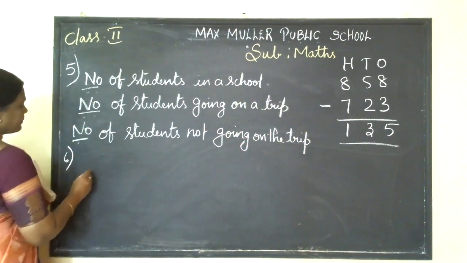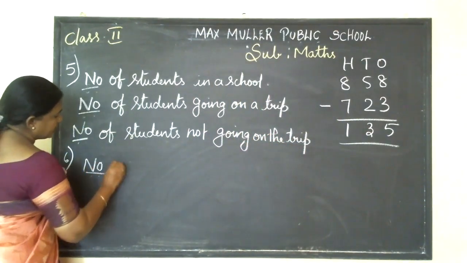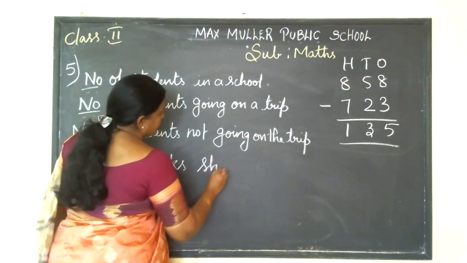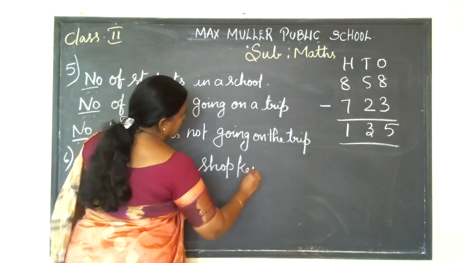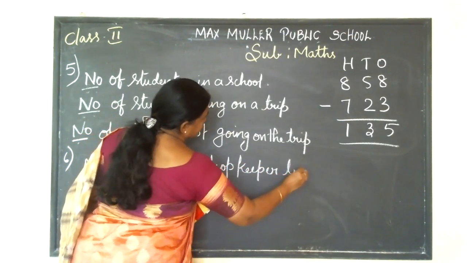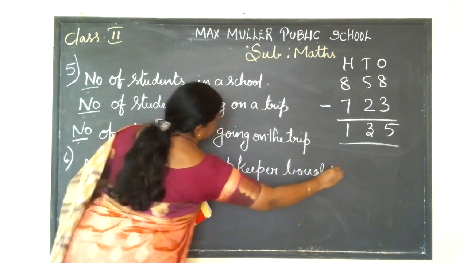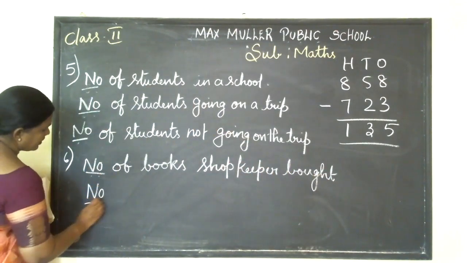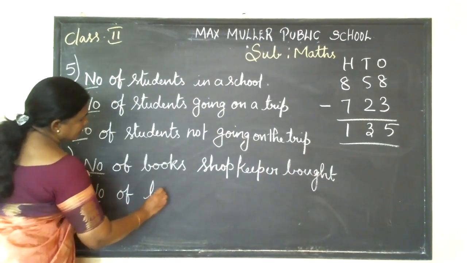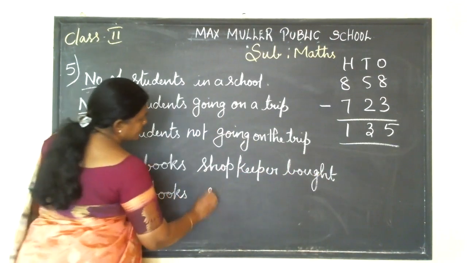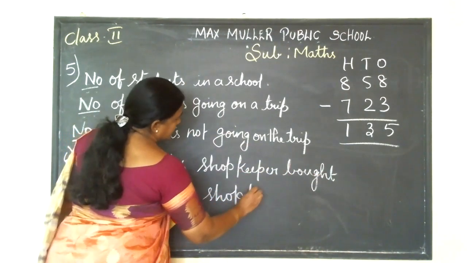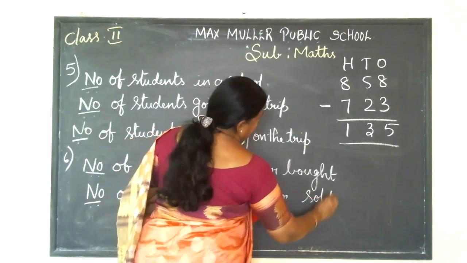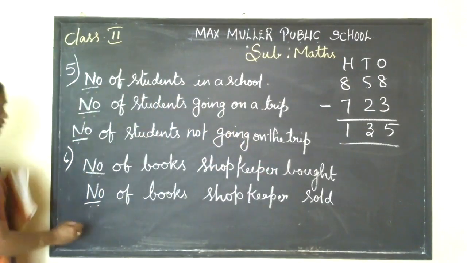Number of books the shopkeeper bought, number of books the shopkeeper sold, number of books left unsold.